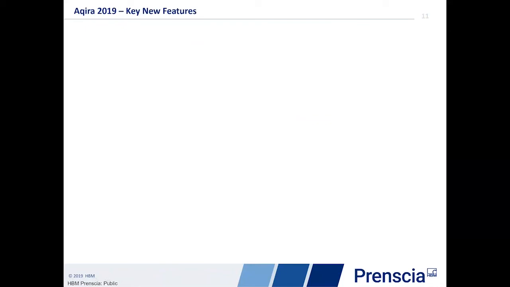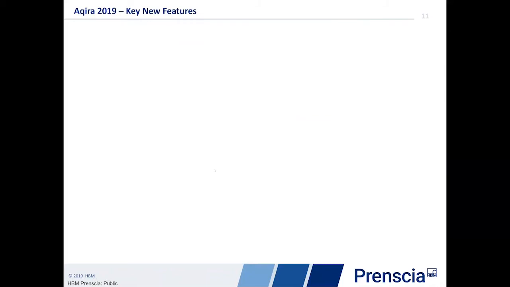Before I list the main new features, for those of you who are not familiar with Akira, there are a couple of webinars that we made on Akira, and you can find them if you visit our nCode.com website, or the Pretsia website. Under resources, you'll find webinars, and at the bottom of the page, you'll see the archived webinars. So if you're not familiar with Akira, just check it out and see what's there.